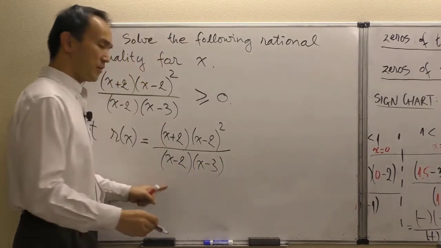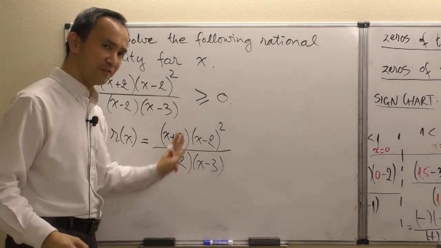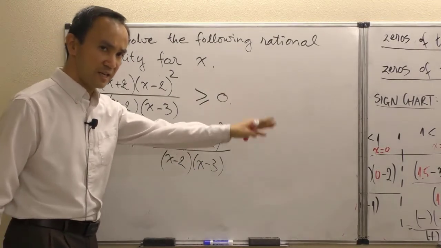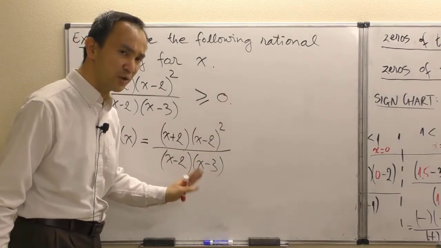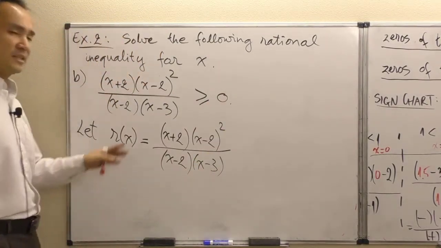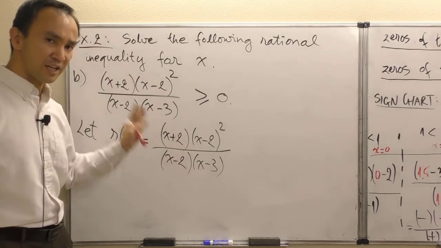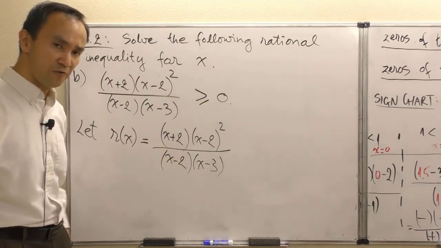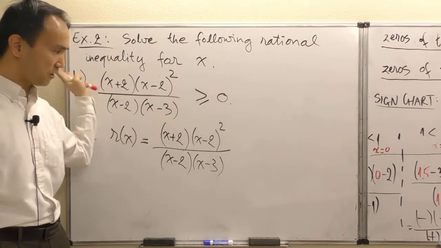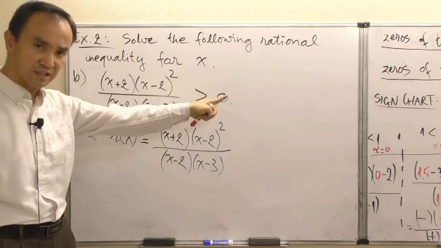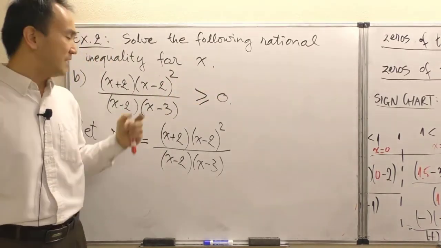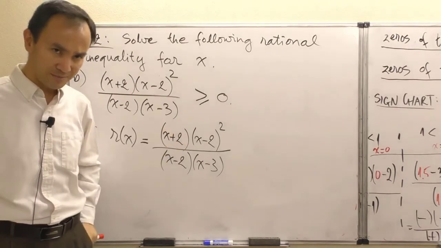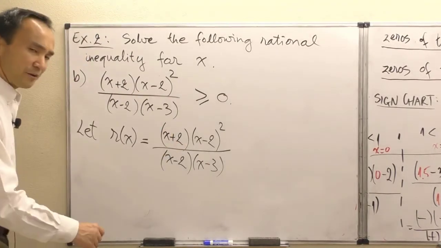Okay, we already recognize there are some common factors that can potentially be canceled or simplified away, but we're not doing that yet. Okay, so right from here, once we have recognized successfully our rational function, in a sense that everything is put on the left-hand side, only leaving a 0 on the opposite side, and things are all completely in factor form, I'm going to go ahead and find the domain first.